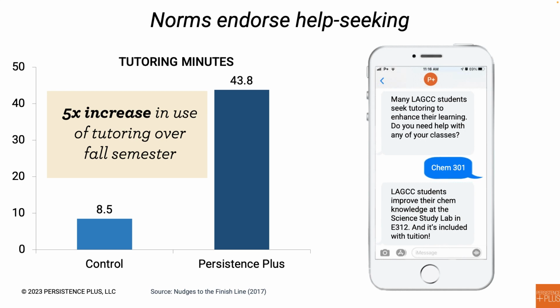One focus in this study, based on our research, was trying to get students to go to tutoring centers, because we heard a lot of students have done okay in college to this point, they're in their last year, and now they've hit a course where all of a sudden they're like, oh gosh, this is so hard. They're not used to asking for help. They've never been to the learning center. So we're trying to create this new norm of, hey, even though you're a senior in your last year, you can still do this.